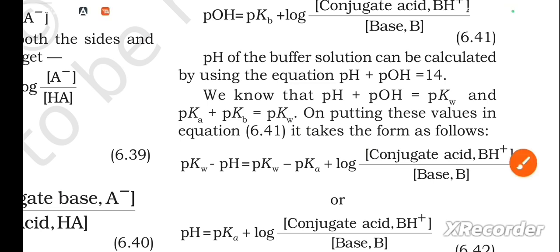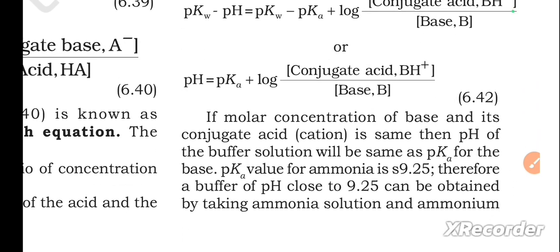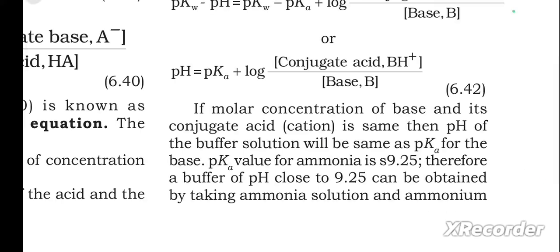We know that pH + pOH = pKw and pKa + pKb = pKw. On putting these values in equation 6.41, it takes the form as follows. pKw − pH = pKw − pKa + log [conjugate acid BH+]/[base B], or pH = pKa + log [conjugate acid BH+]/[base B], equation 6.42.